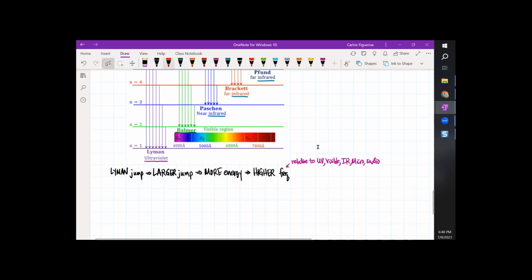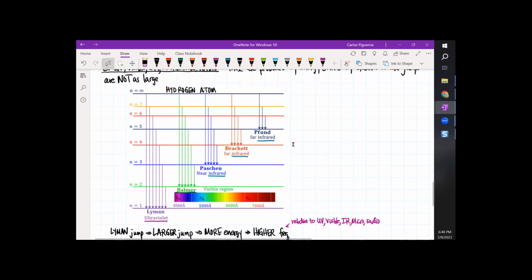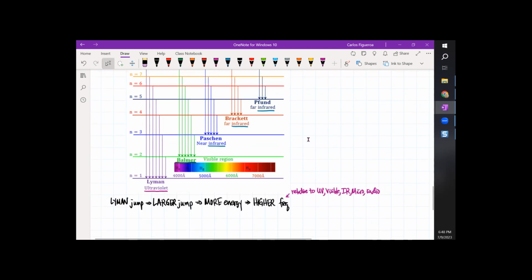But then if you look at the next series, look at Balmer. Balmer doesn't have as big a jump as Lyman. So if I look at Balmer, a Balmer jump is, I don't know, mid-size.